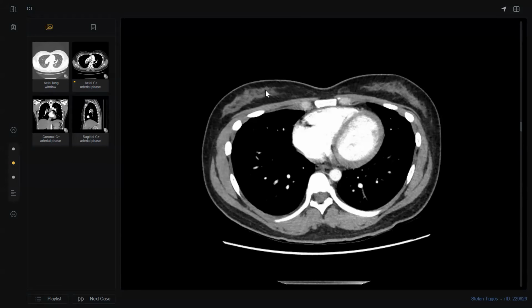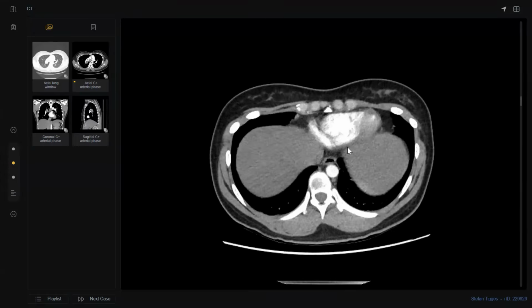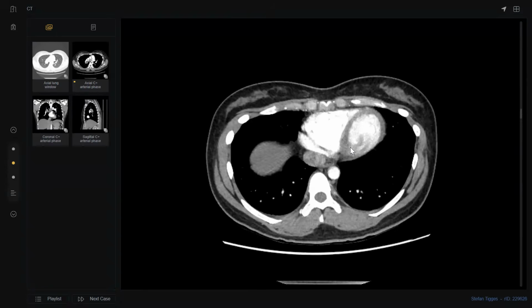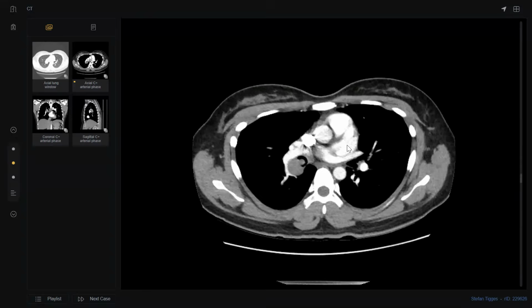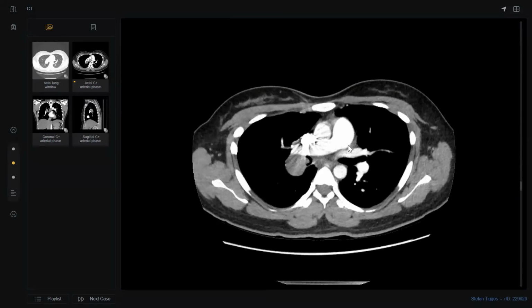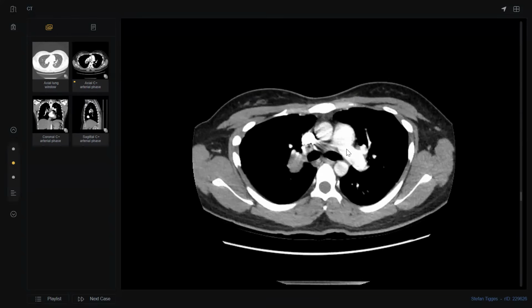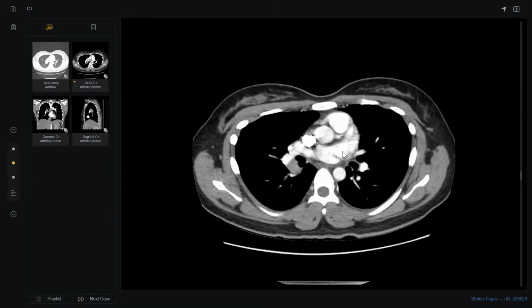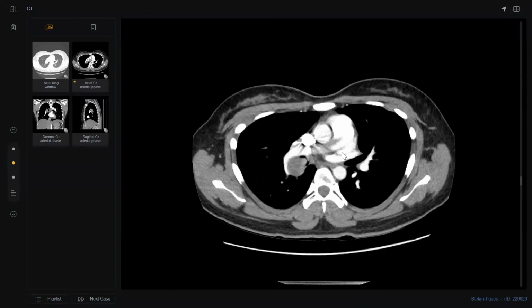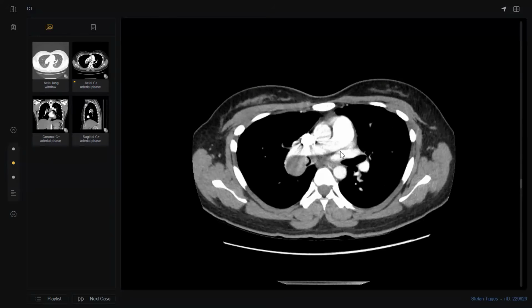And also, let me just have a look at this post contrast. Did you remember the age and sex of the patient? The patient is 35, female. So is it lung mass or carcinoid?